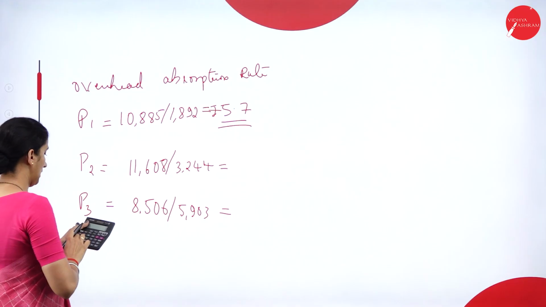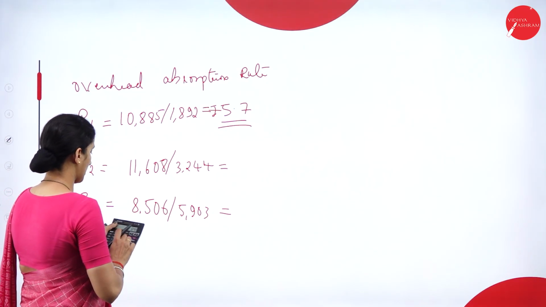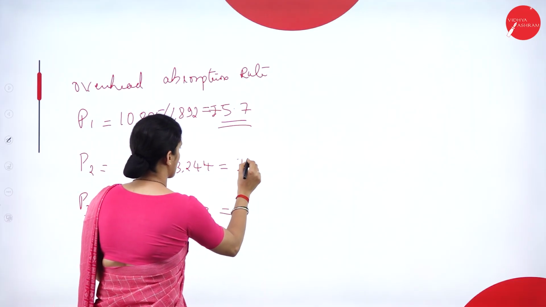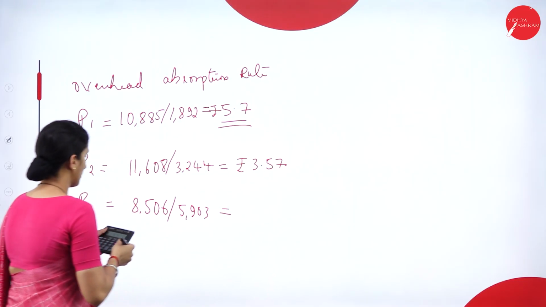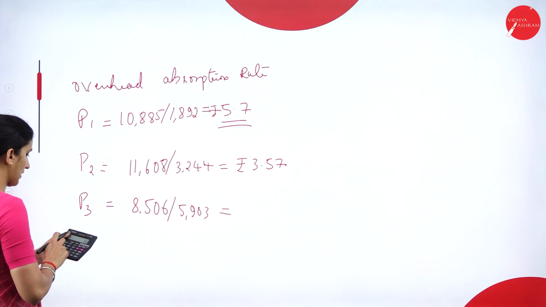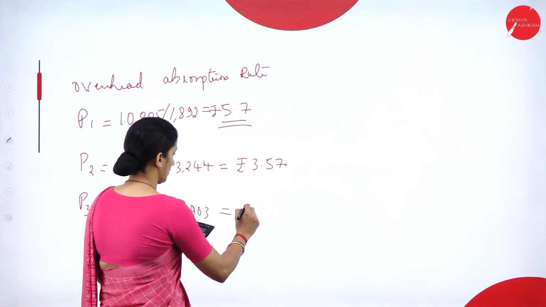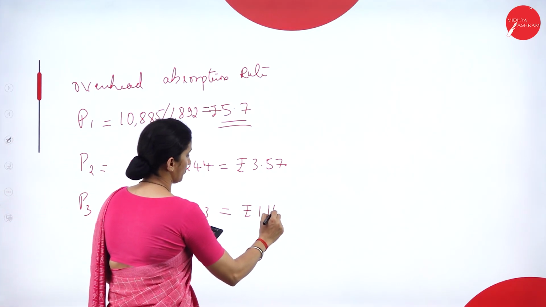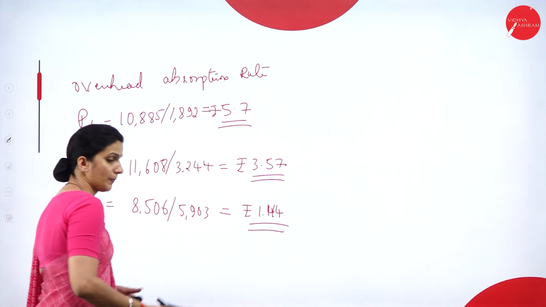And for P2, 11,608 divided by 3,244, it is rupees 3.57. And for P3, 8,506 divided by 5,903, it is rupees 1.44, the overhead absorption rate for P3.